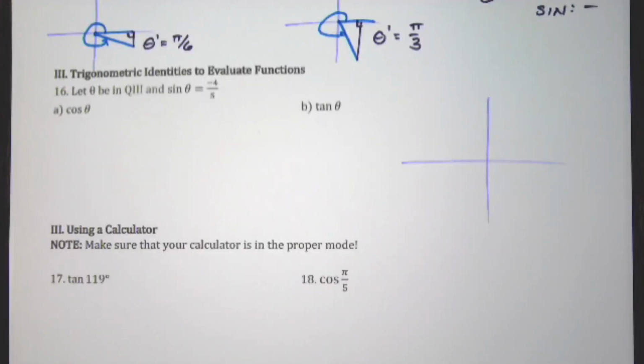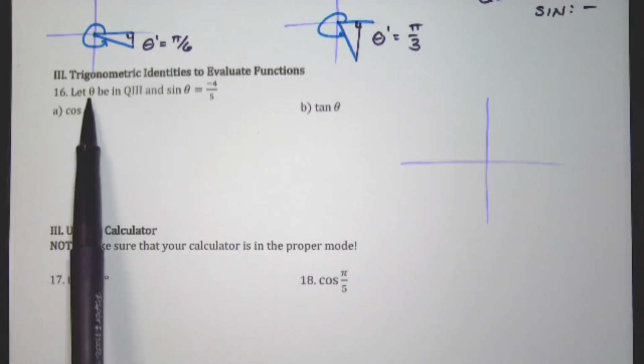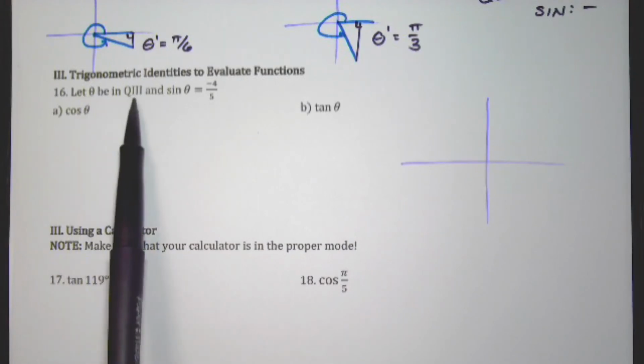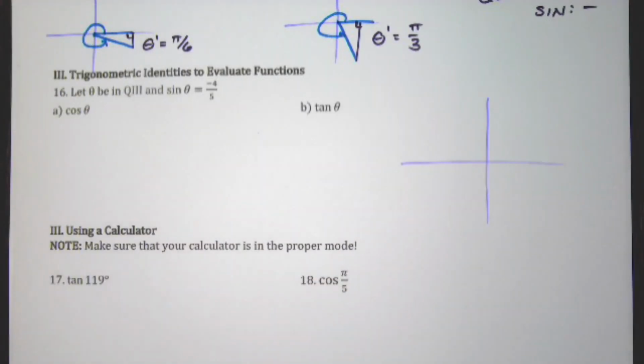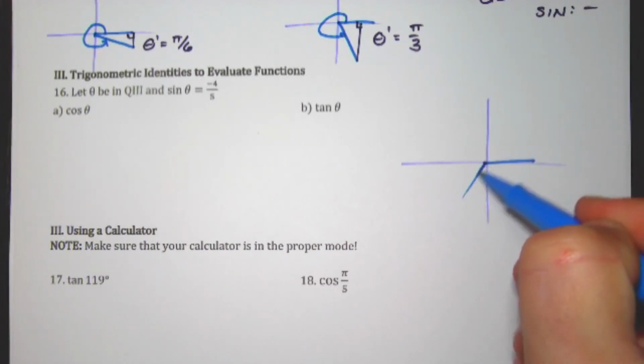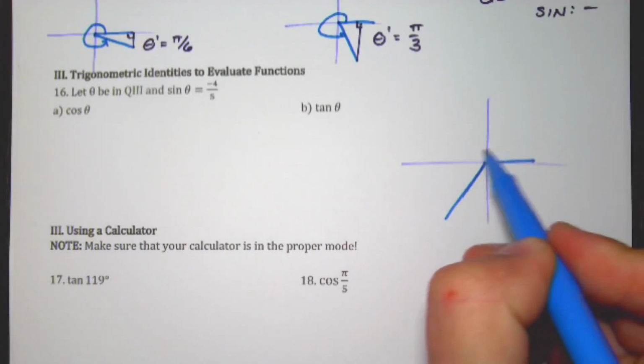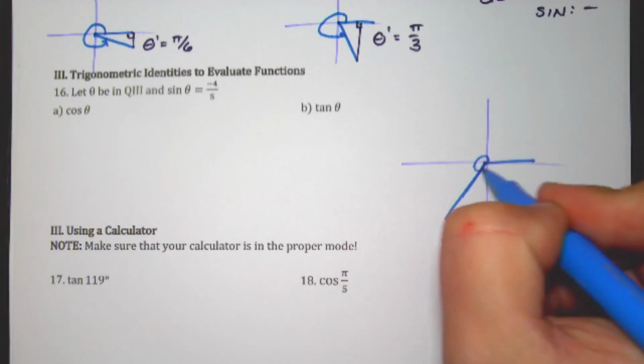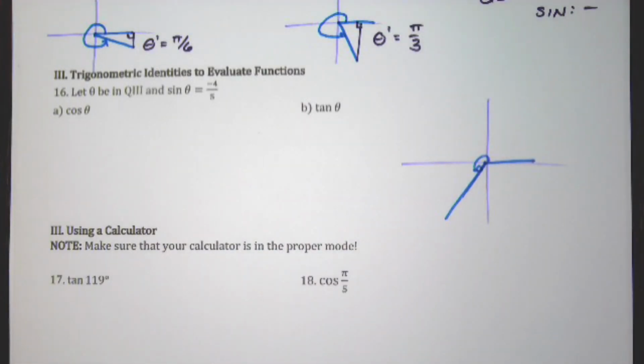So now we're going to use a little bit of trig identities to evaluate some functions. So we know theta is going to be in quadrant 3. So let's start there. I know some theta is in quadrant 3. So that entire piece right there is my theta. And it gives me a sine.